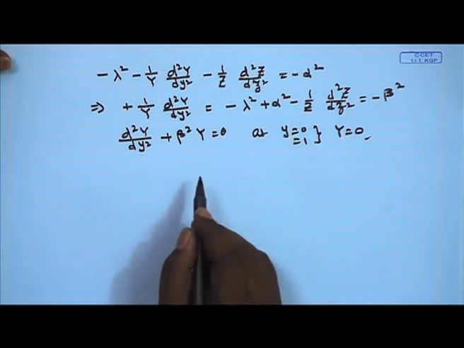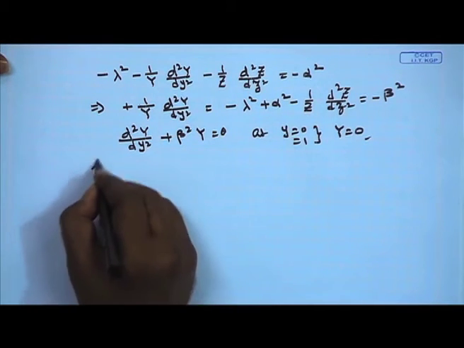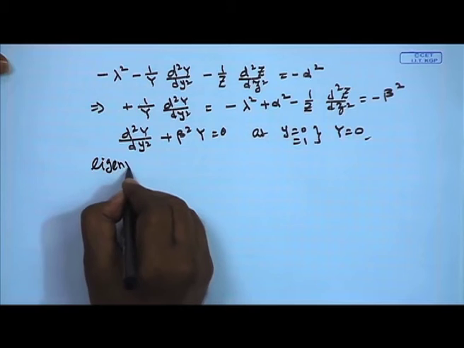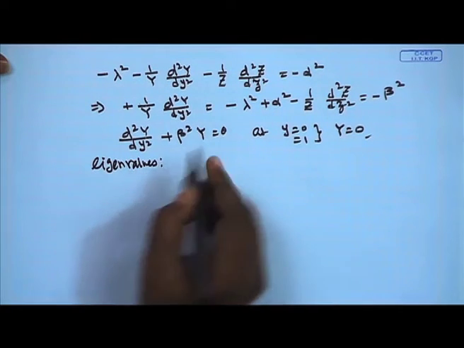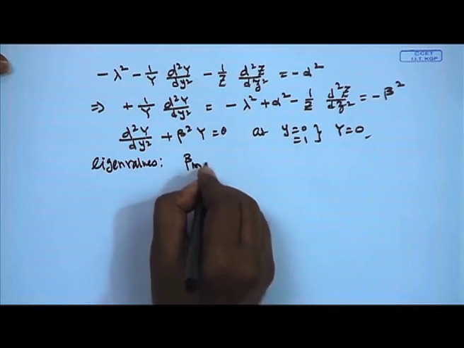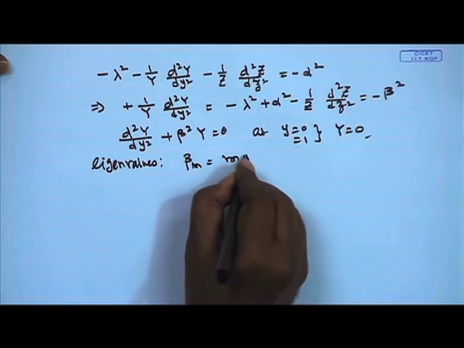The eigenvalues of this problem are beta m equal to m pi, because we have all homogeneous boundary conditions in all 3 directions. We can construct standard eigenvalue problems which are independent of each other in all directions. Therefore, we will write 3 subscripts corresponding to the 3 directions x, y and z.